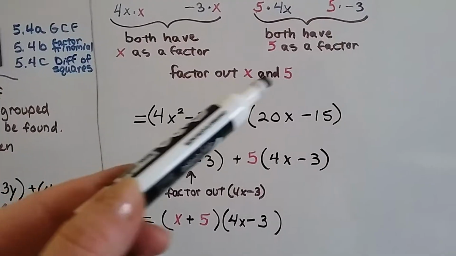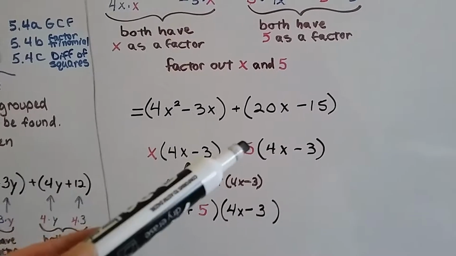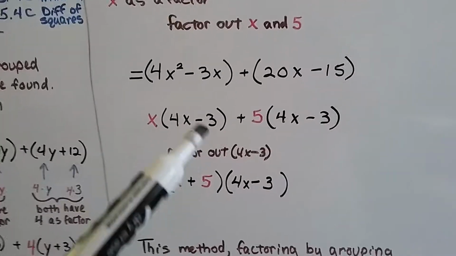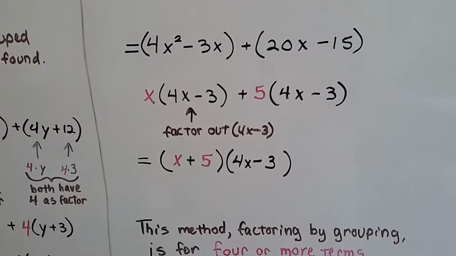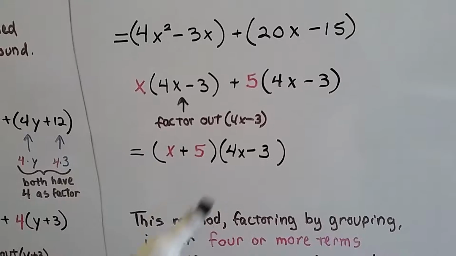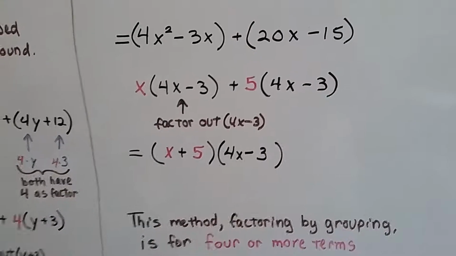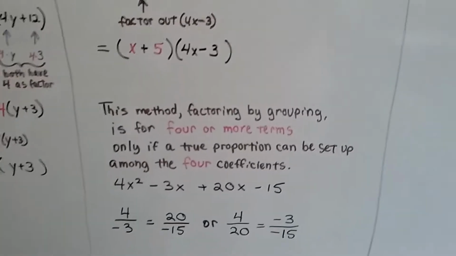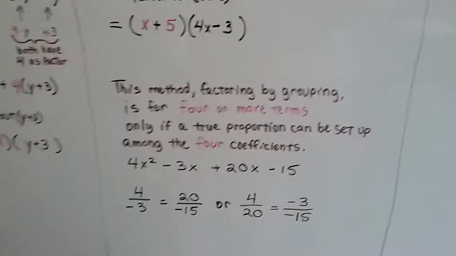So by pulling out the x and the 5, we put the x here, we put the 5 there. We got our 4x minus 3 and our 4x minus 3. Because we have 2 of them, we can factor one of them out. And we get x plus 5 times 4x minus 3. See that?